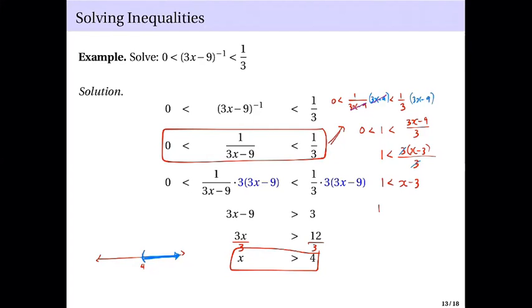You will have 1 plus 3 less than x, or 4 less than x, which is precisely x greater than 4. So you can do this step here, or you can do this step. It doesn't matter. You will end up with the same solution. Okay? Question?